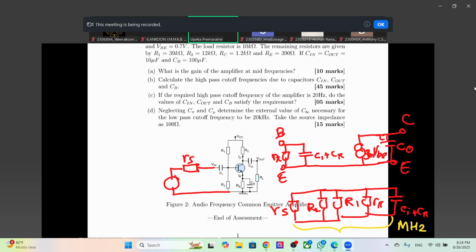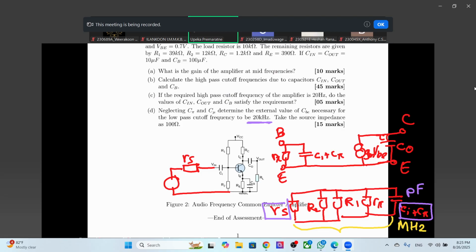Here we have a requirement of a cutoff frequency of 20 kilohertz. Now these capacitances are very small, in the order of picofarads, and we also saw that the most influential resistor is the source resistor.